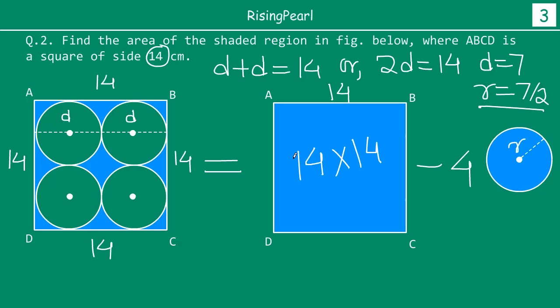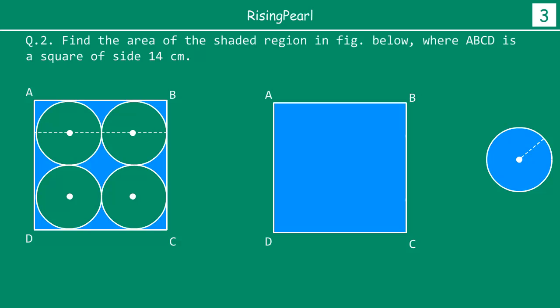So now that we have all of these, we can simply put the values in and find out the desired area. So the area of the square is 14 times 14. 14 squared, we actually know this, it is 196, right? Now, let's give ourselves some space and write.